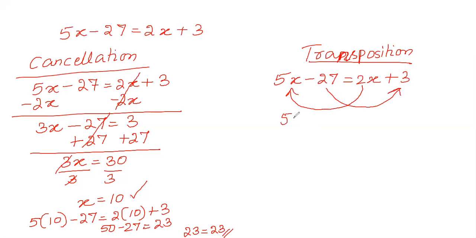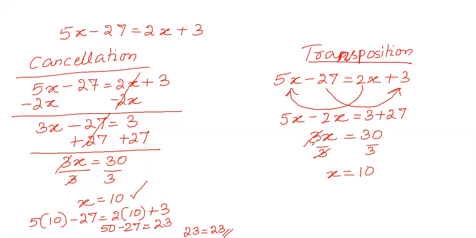So 5x minus 2x is equal to 3 plus 27. So 5x minus 2x is 3x is equal to 30. So divide by 3 on both sides in this case. So x is equal to 10. So you got the same value in both the methods. So this is how you solve the equations, right?